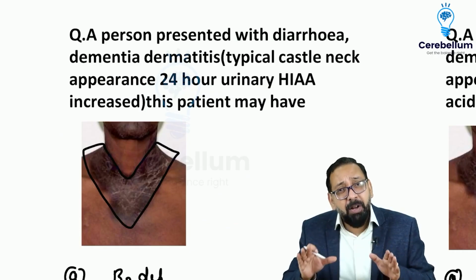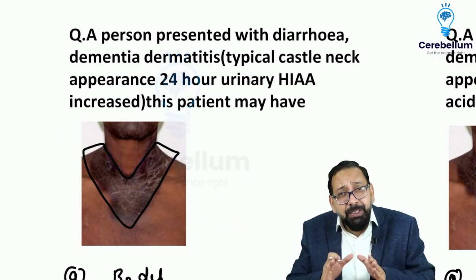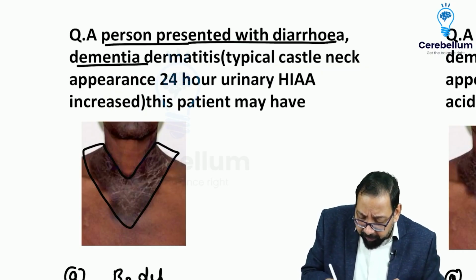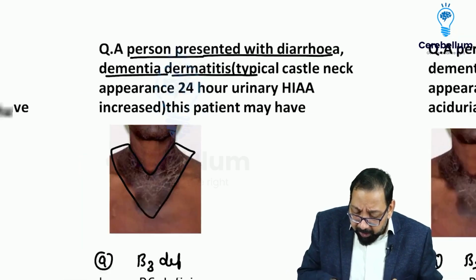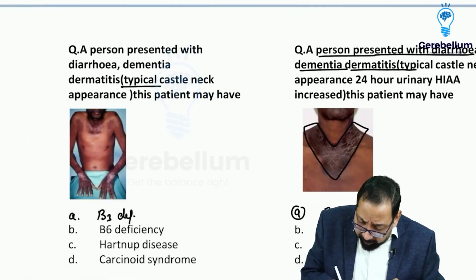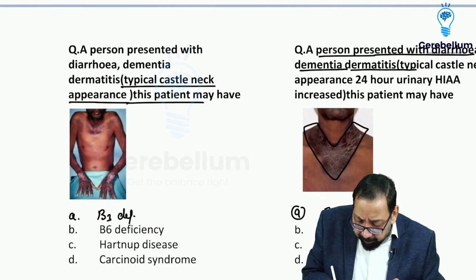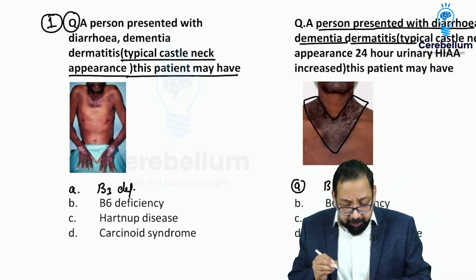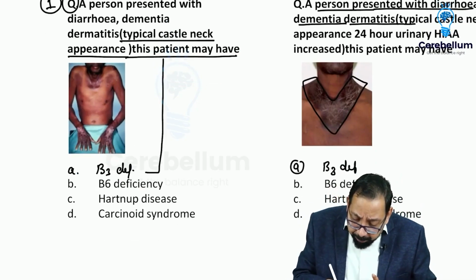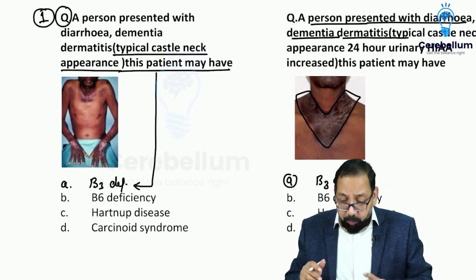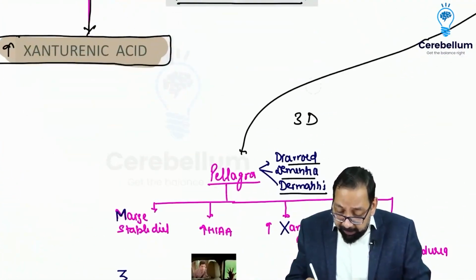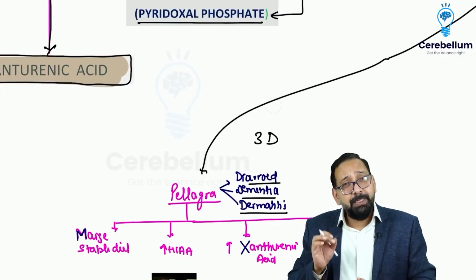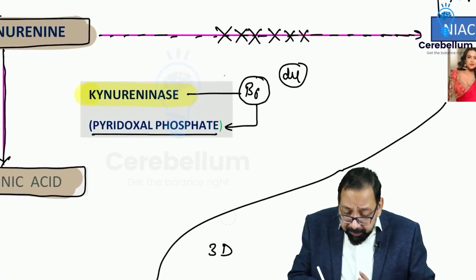They will describe dermatitis. So if the question is asked, the person presented with diarrhea, dementia, dermatitis, typical Casal's necklace appearance, this patient may have, answer would be B3 deficiency. So I told you pellagra, yes, diarrhea, dementia, dermatitis. But we found that a patient is there in which B6 is deficient.